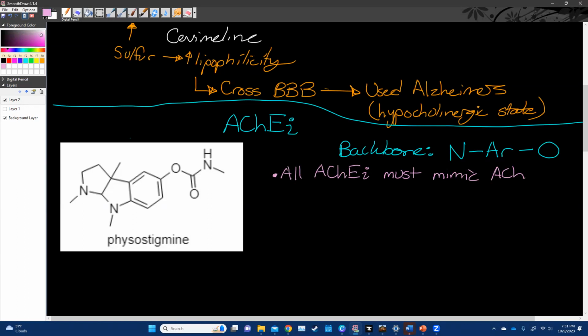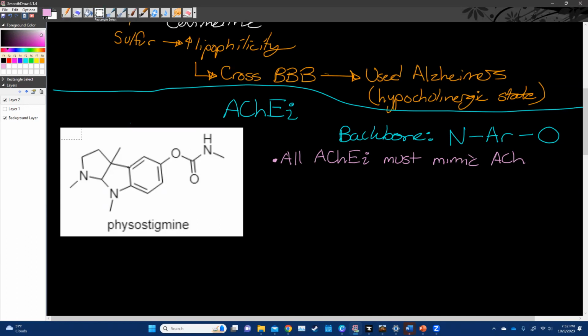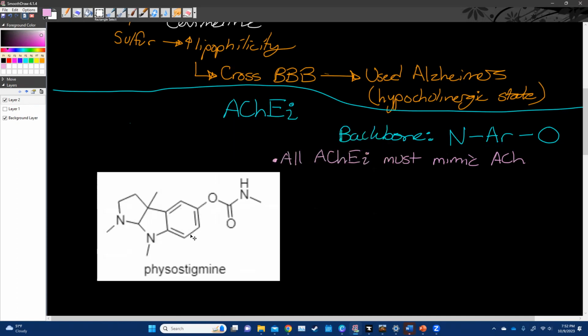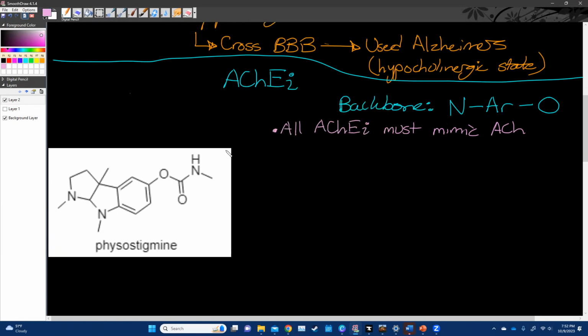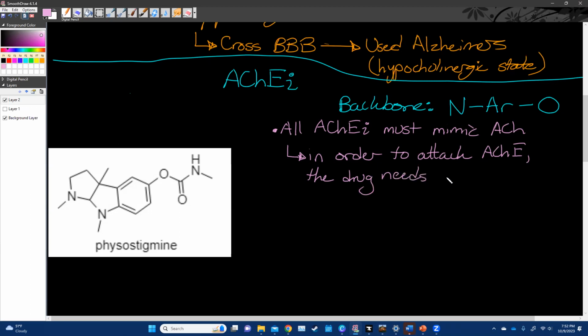Now, a couple of key factors about acetylcholinesterase. In order to attack the enzyme, the drug needs a carbamate moiety.